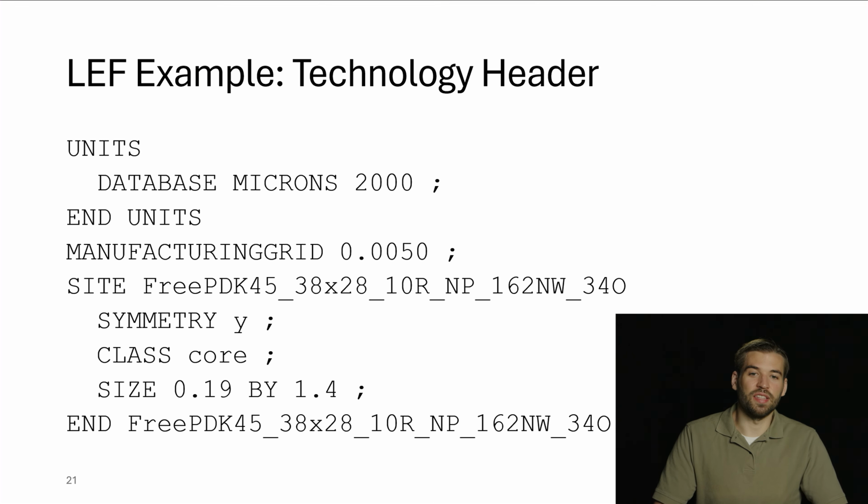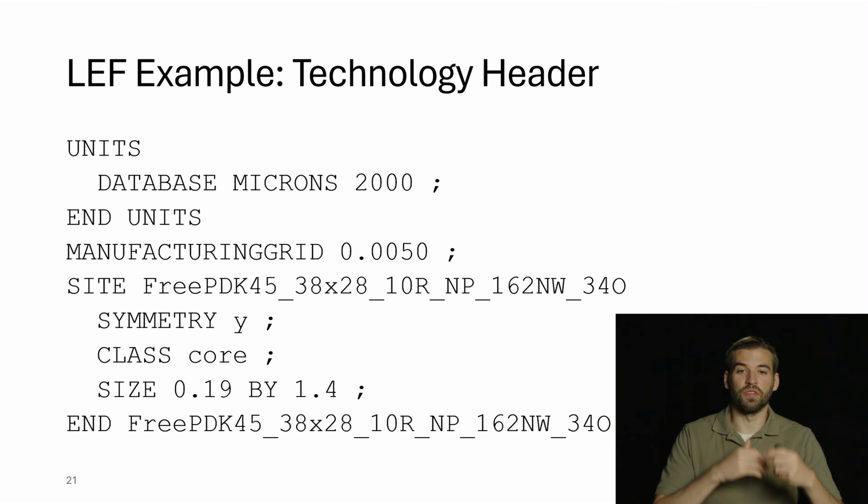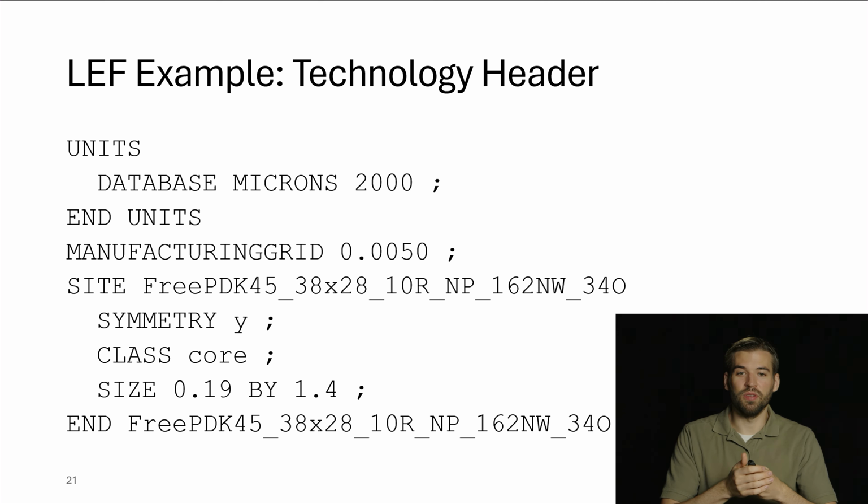The key thing is that you need a scaling factor to convert your integer to the represented fractional value. So in this example, this integer is what we call database units, or DBU. And it can be converted to microns by dividing it by the scaling factor given in this data type.